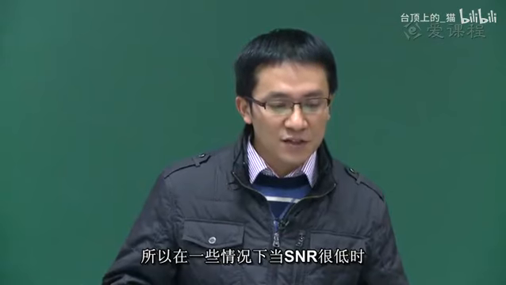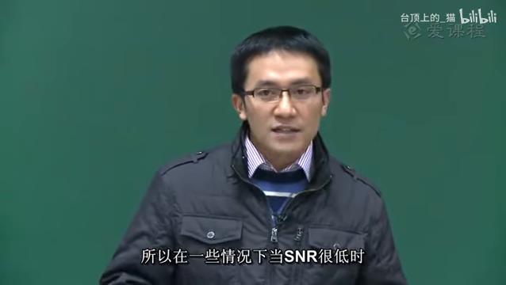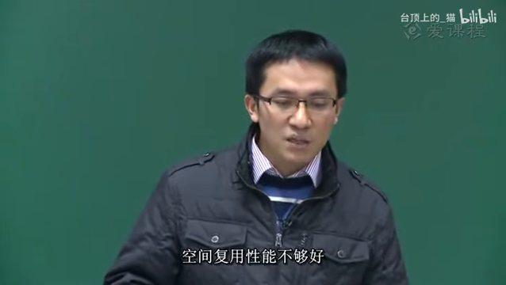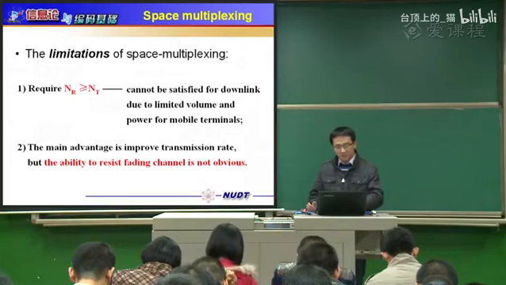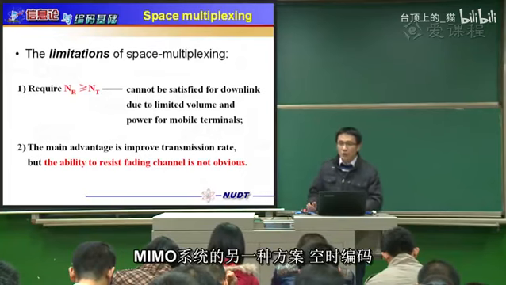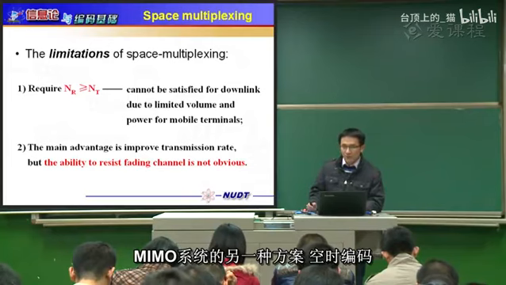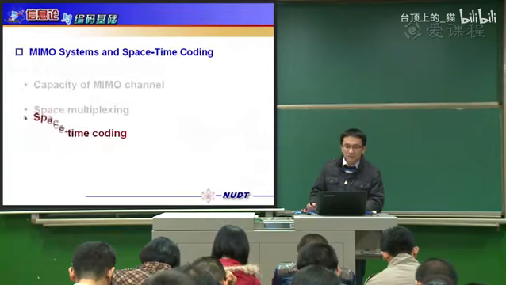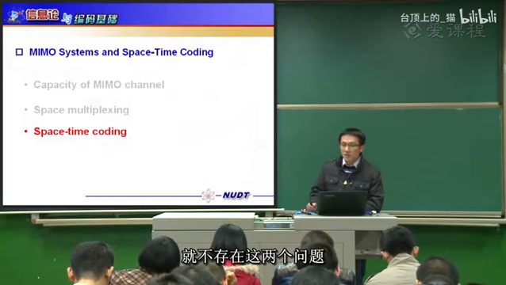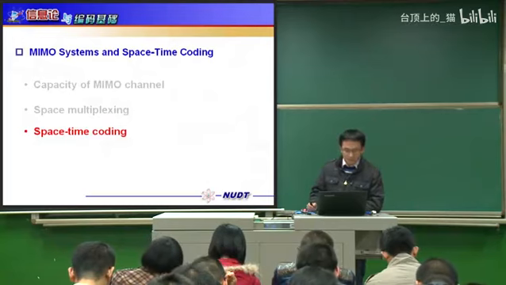So, in some cases where the SNR is very low, the space multiplexing cannot perform well. To resolve such two limitations, we know there's another scheme for MIMO system, which is space-time coding.